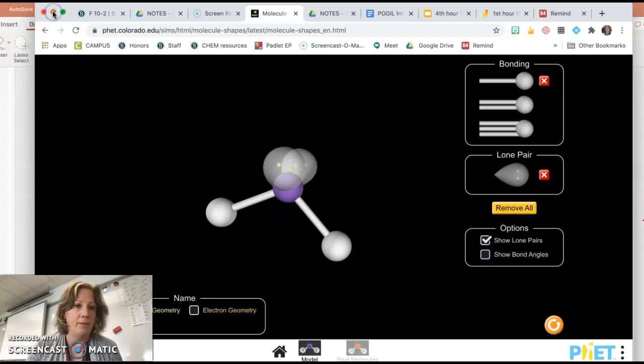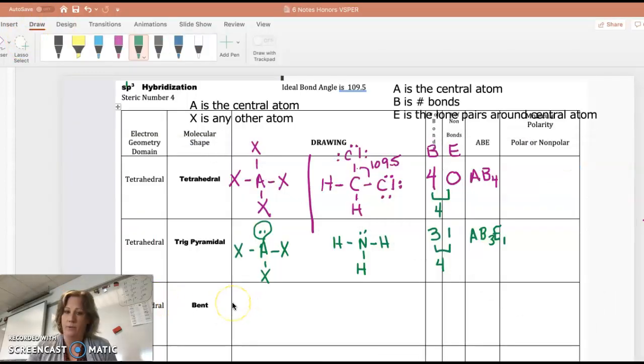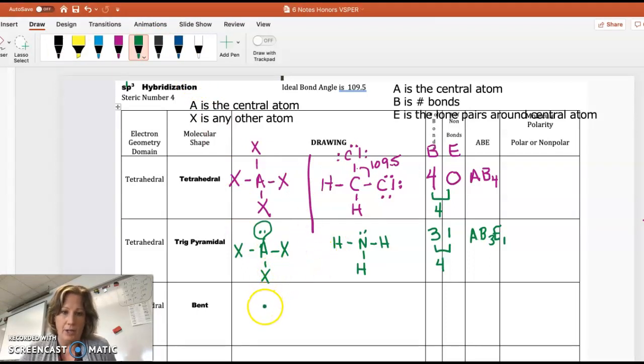So back to our notes. So bent is going to, and we're not going to even try to draw the shape of it. Well, I guess for this one you could if you wanted to try to kind of bend it down. And then you have those 2 lone pair electrons on the central atom.